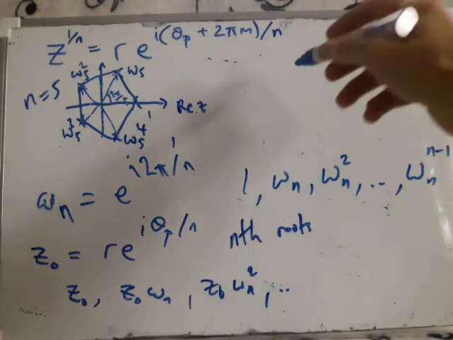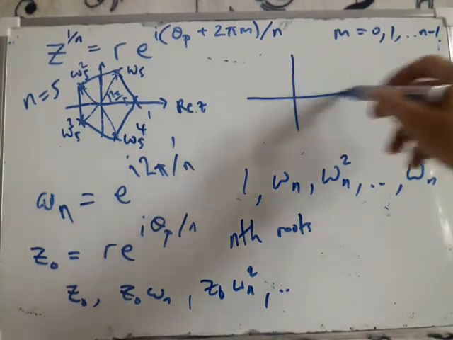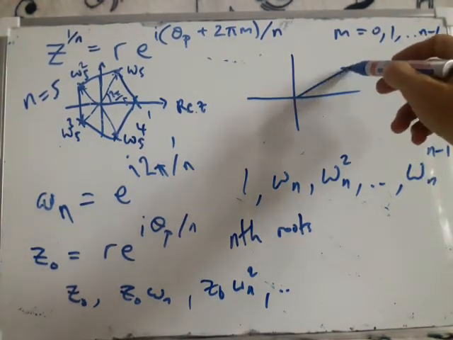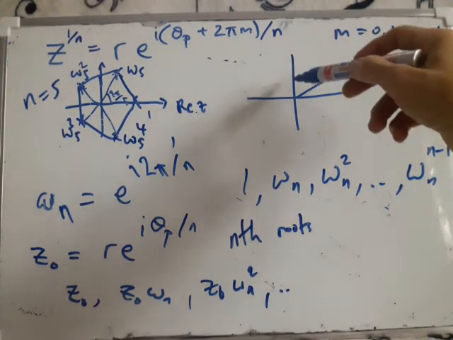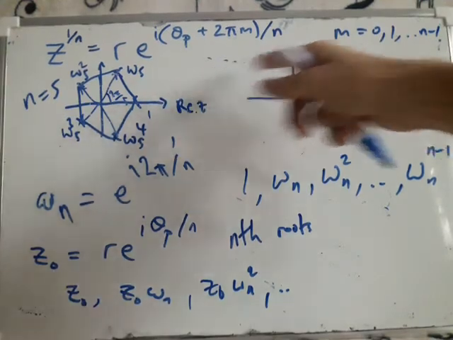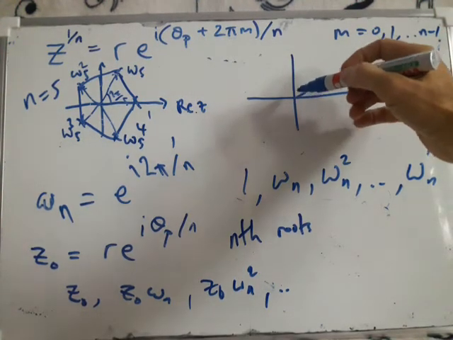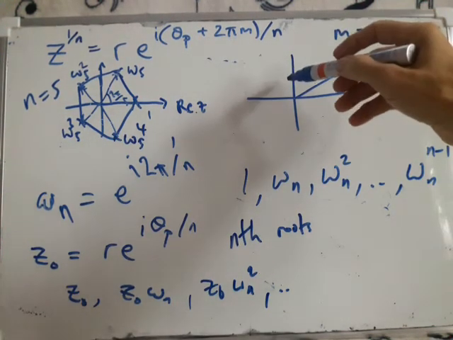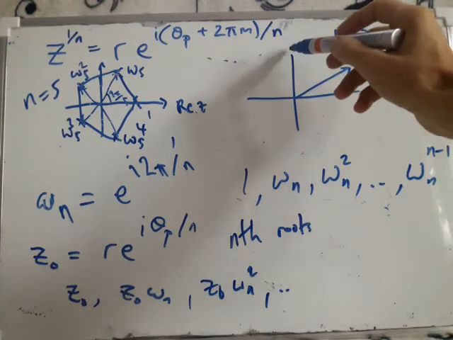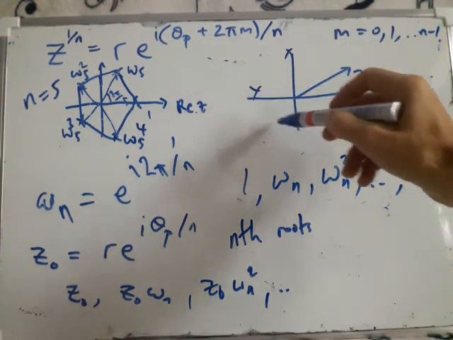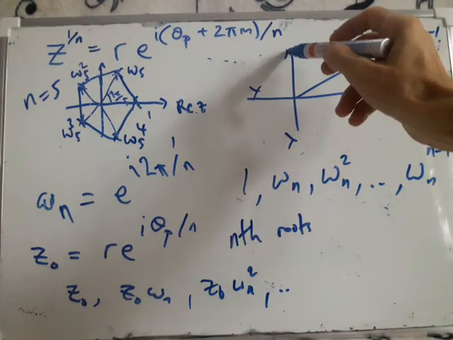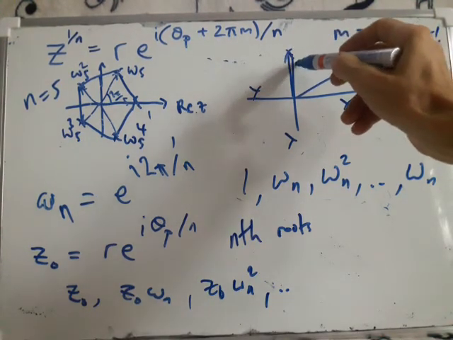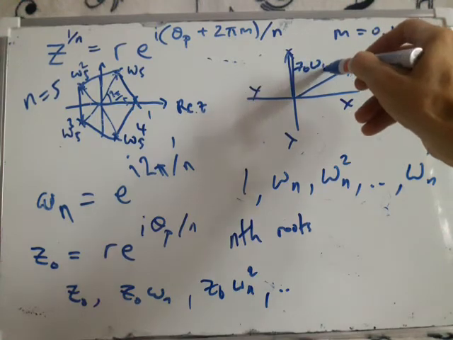So if my first root is here, this is my z0, then to get the next root I multiply z0 by omega 5, giving z0 omega 5.